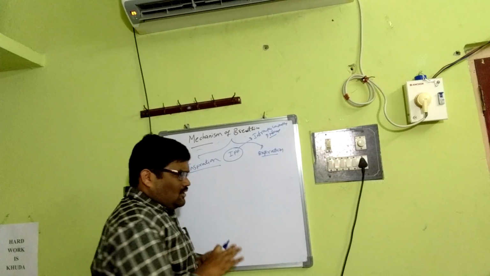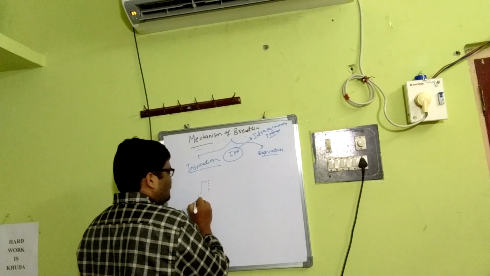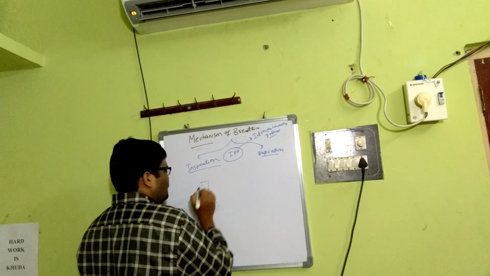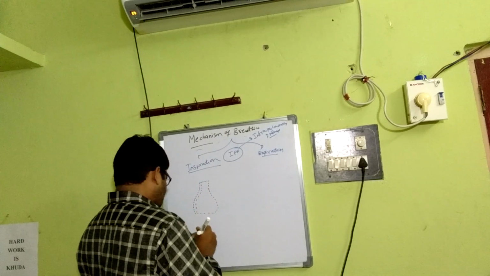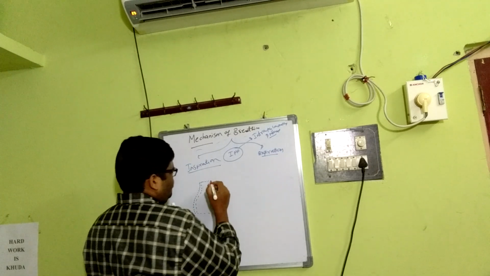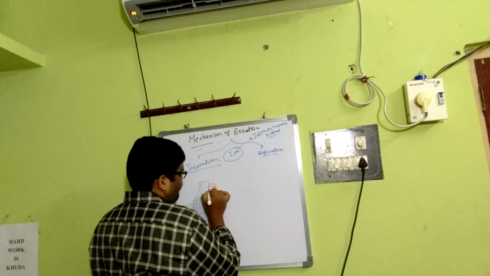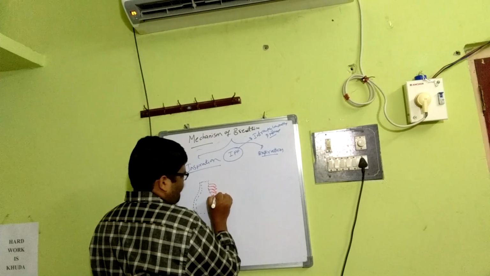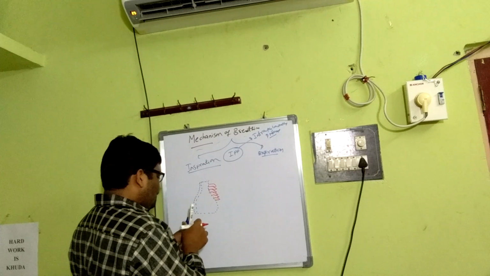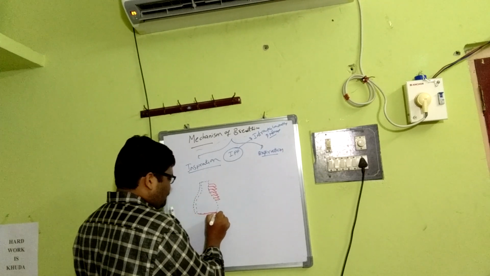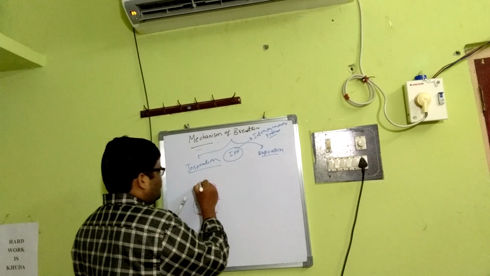Okay. For understanding, we'll draw a particular diagram. As we discussed, this will be the thoracic cavity, and this will be the rib cage. These are not exactly the same, but something like this. Here, the most important components we have to focus on are the diaphragm and the external intercostal muscles.